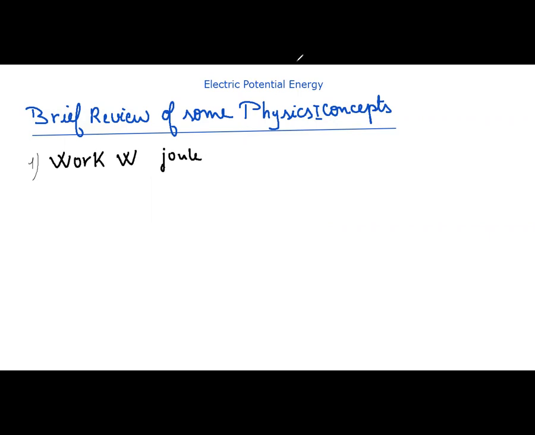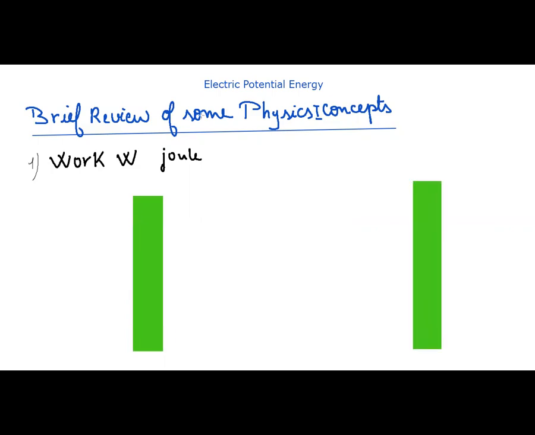Let's say we have a constant electric field between two plates. The left one has Q positive, and here we have Q negative. Between them, we have a constant electric field.